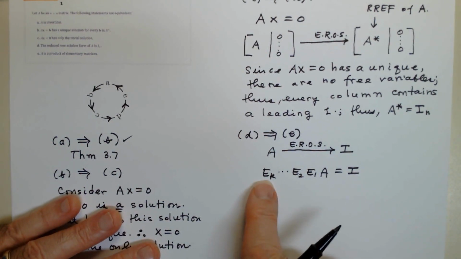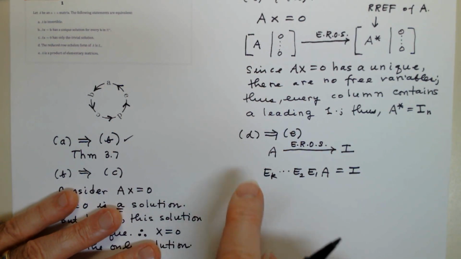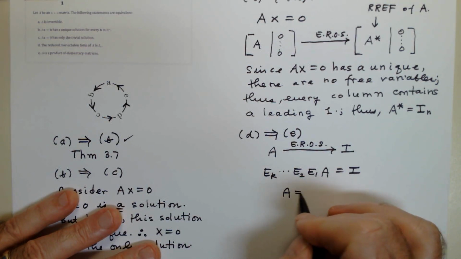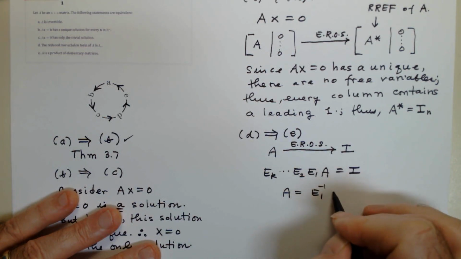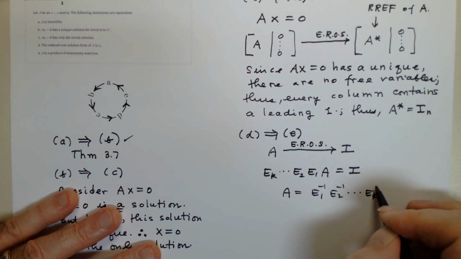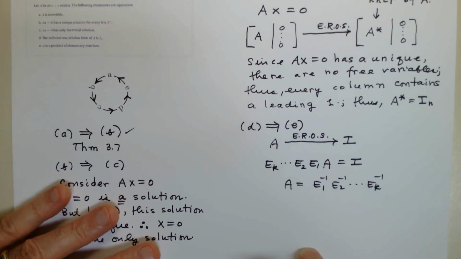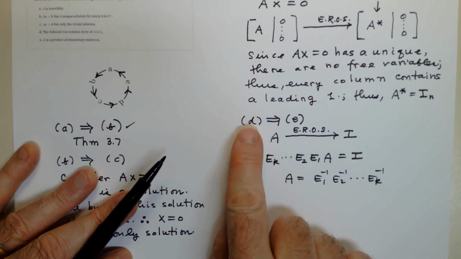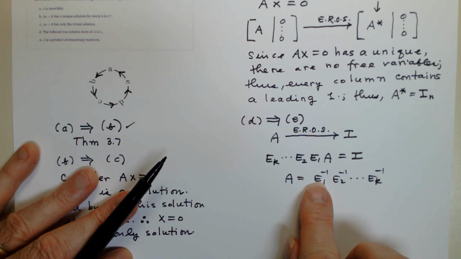Now we know that the elementary matrices are all invertible, and so I can rewrite A as E1 inverse, E2 inverse, through Ek inverse. And the last piece that we have to see to finish D implies E is to notice that E1 inverse is itself an elementary matrix.